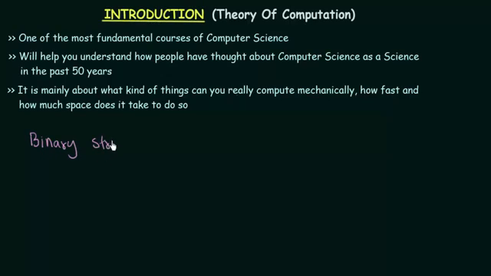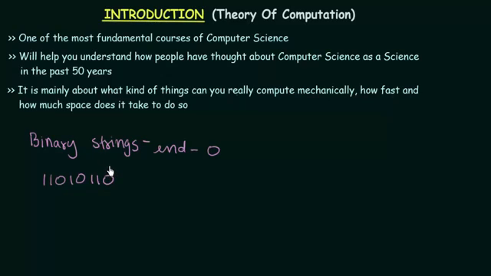My machine should accept all binary strings that end in 0 and reject all other strings that do not end in 0. Let me take an example string here, say 11010110.